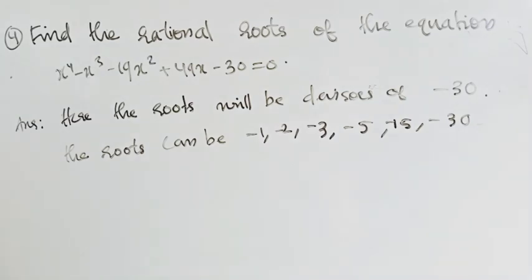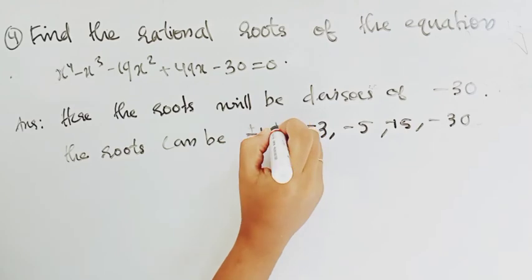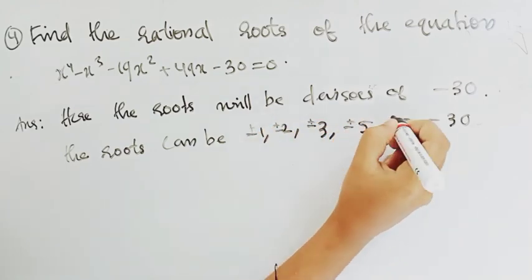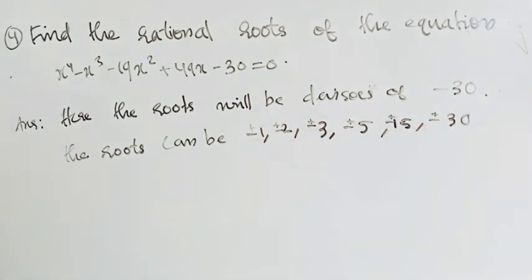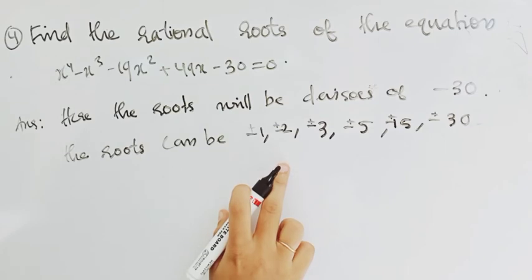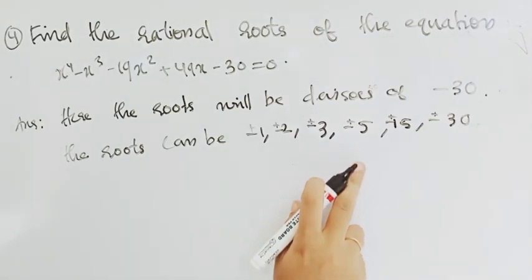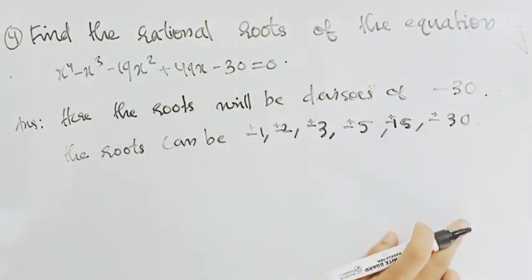Am I right? Not only minus, plus or minus, right? So the divisors are plus or minus 1, plus or minus 2, plus or minus 3, plus or minus 5, plus or minus 15, plus or minus 30.